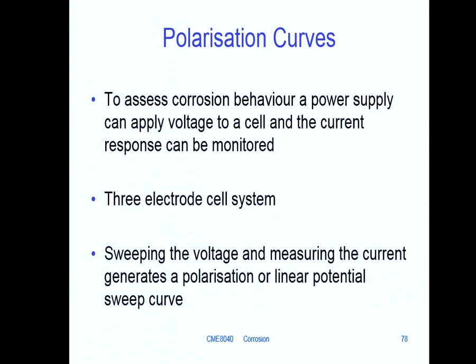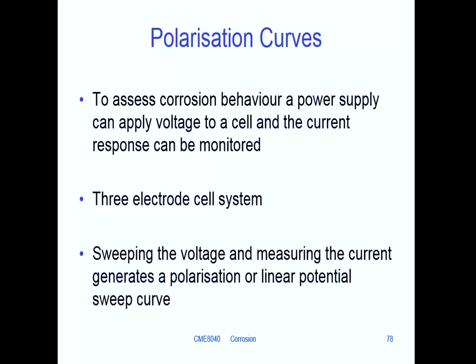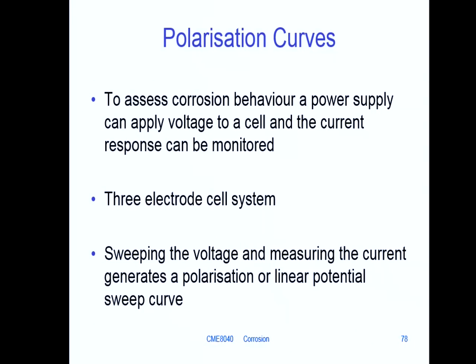And that has a feedback loop. It takes the signal from the reference electrode and senses what the potential is on the working electrode, and it adjusts the flow of current until the voltage on the reference electrode is the one that was dialed up on the power supply unit.